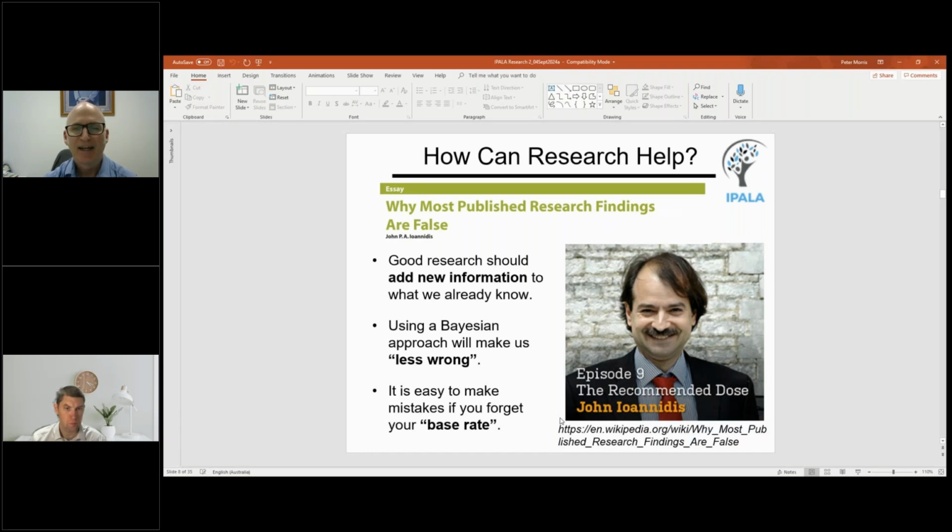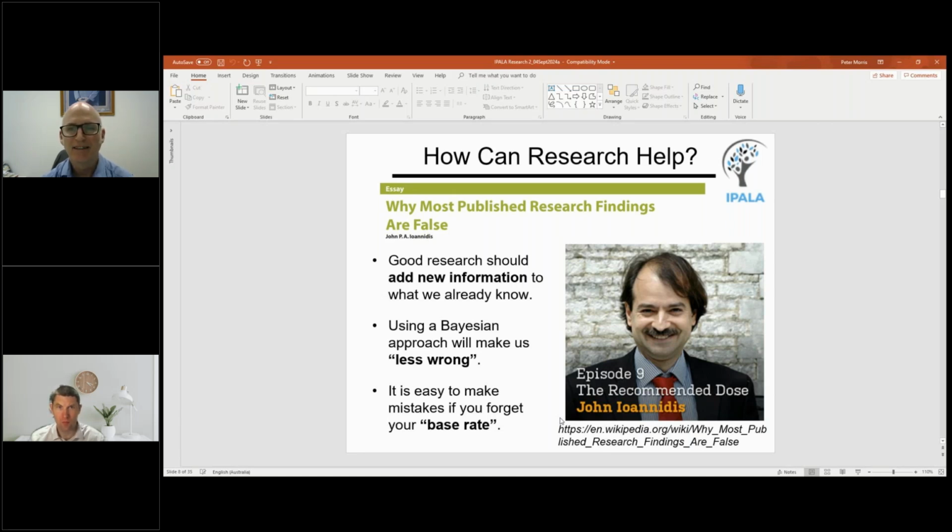And it was a theoretical paper, but he was making the point that when we do research, if we're not thinking about the likelihood that a research finding is true before we do the study, we may overinterpret the results. So we may find things that are statistically significant by chance that on further testing can't be replicated.